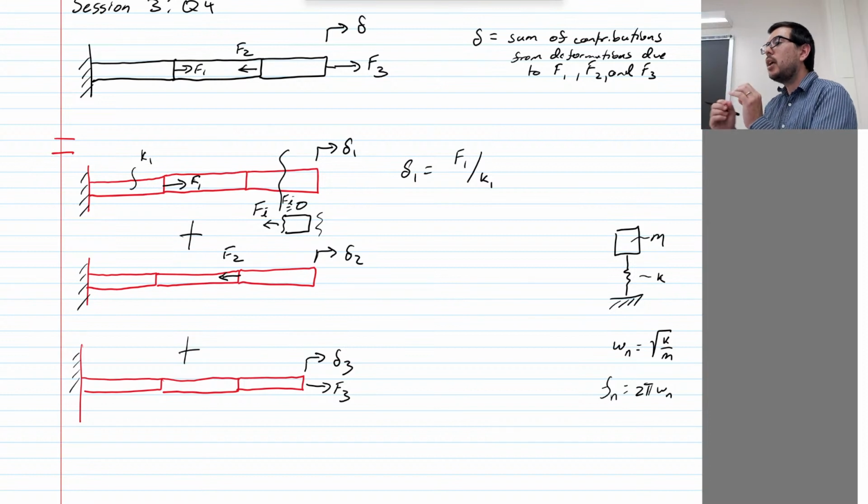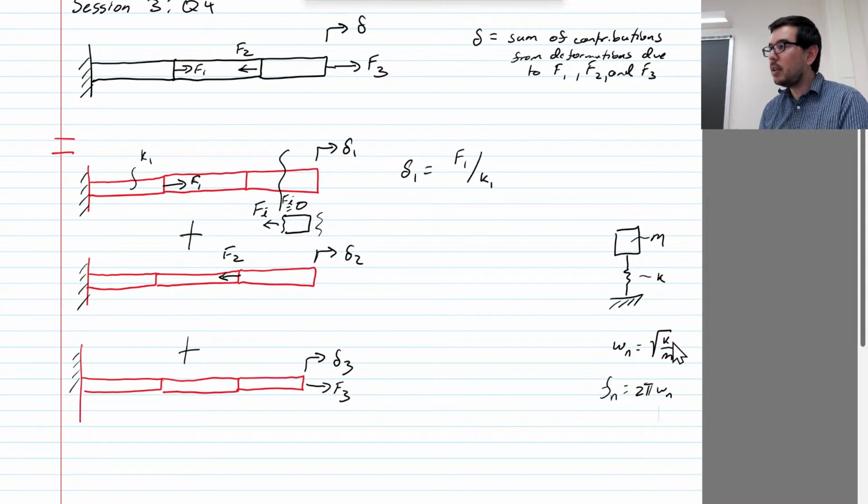If that thing is spinning very slowly, it will access it. So if you have a low k and high m, then omega n is low. The resonant frequency is low. If you have a very high k, then your resonant frequency is very high.